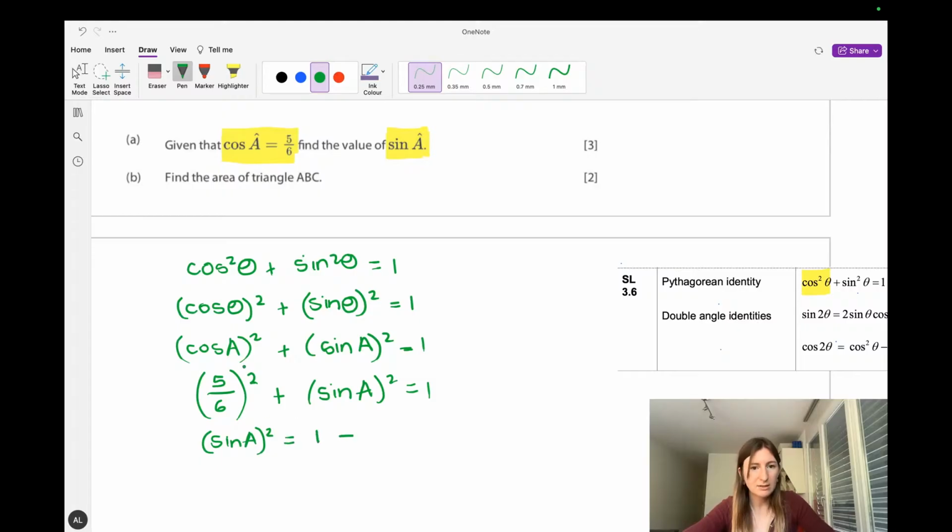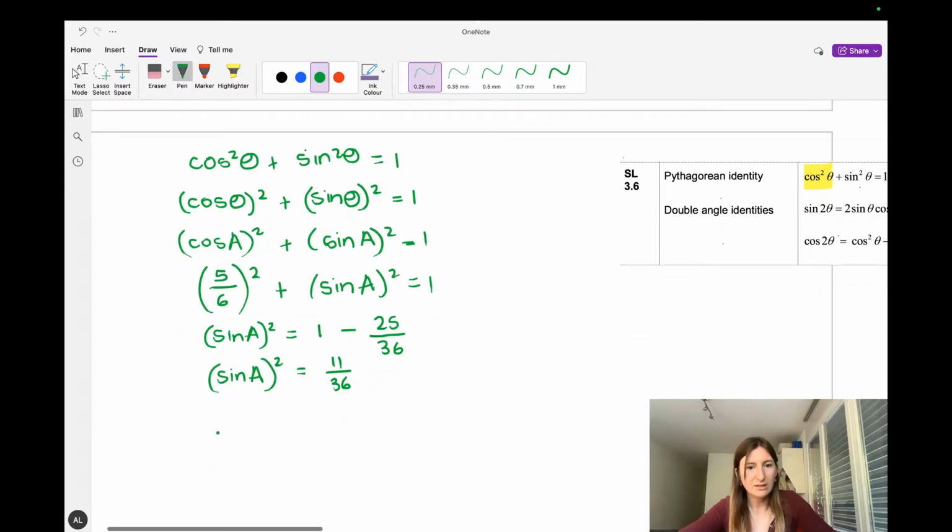So that'll be 1 minus, and multiply it out while I'm at it, 25 over 36. 1 minus 25 over 36, well, if I eat 25 pieces of my pie and I have 36 pieces, I've eaten 5 plus 6, I've eaten 11 pieces. So sine A squared equals 11 over 36.